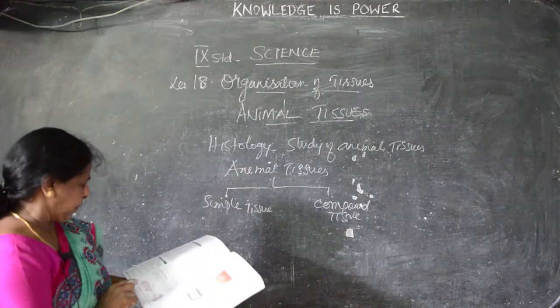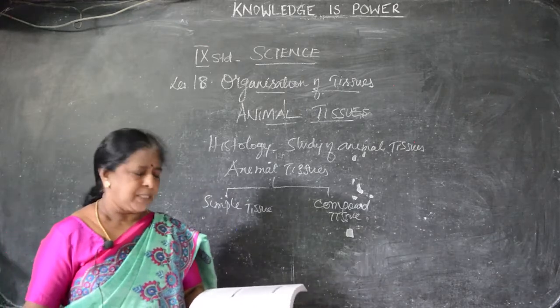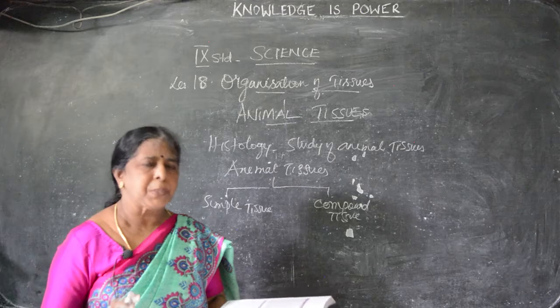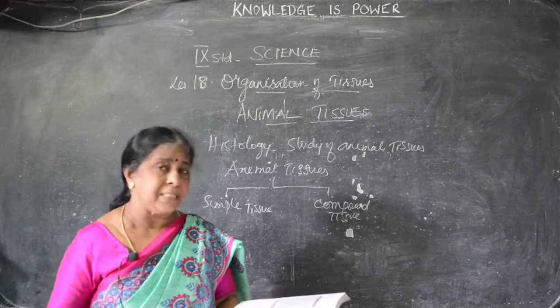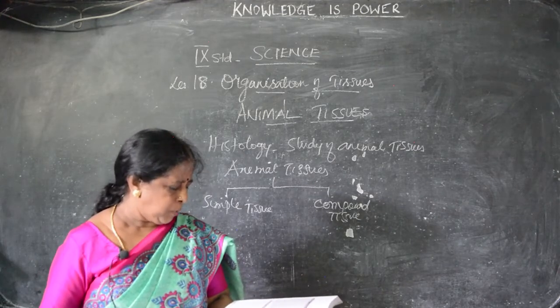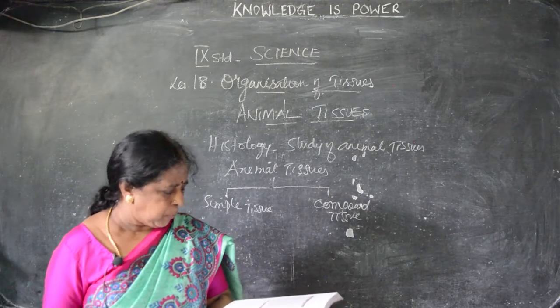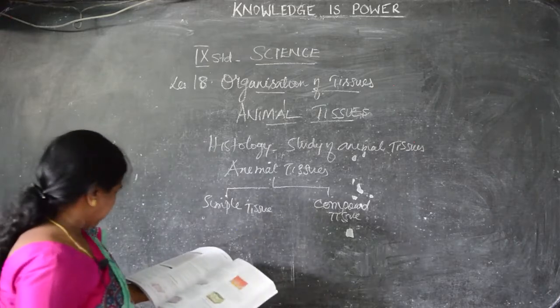Simple tissue is a group of cells that are similar in structure and form and work together to perform a specific function. And compound tissue is a group of cells different in their structure and function, coordinating to perform a specific function. So, we can divide them into 4 basic types.